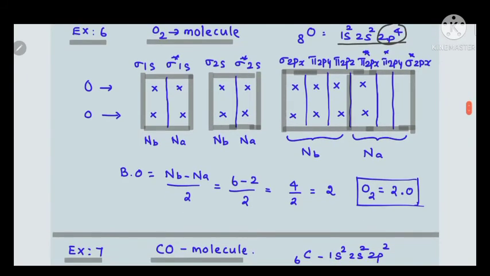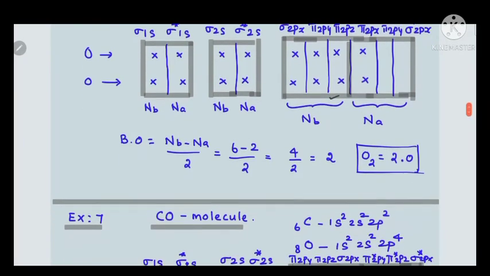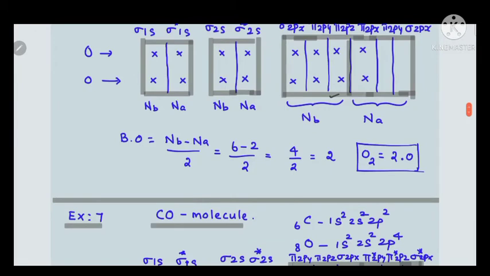They are filled in molecular orbitals like this, in which the bonding molecular orbitals carry 6 electrons and the anti-bonding ones carry 2 electrons. When we substitute in the formula, Nb is 6, Na is 2, 6 minus 2 is 4, divided by 2, so 2. Therefore the bond order of the oxygen molecule is 2.